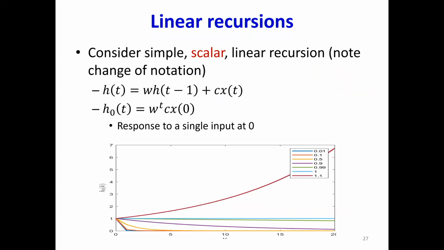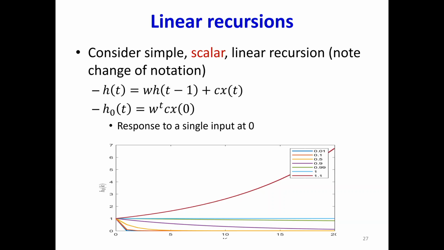So I have ht equals w ht minus 1. I'm going to assume that wx is just 1 or c times xt, right? So let's say I have just a single input, 1 at time 0 and nothing else, okay?